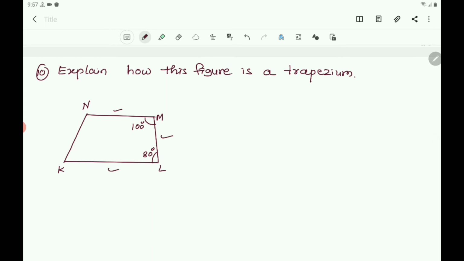You know that the interior angles on the same side of the transversal of two lines are supplementary, means their sum is 180 degrees, then the two lines are parallel to each other.